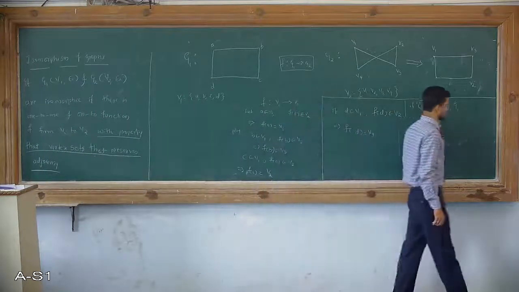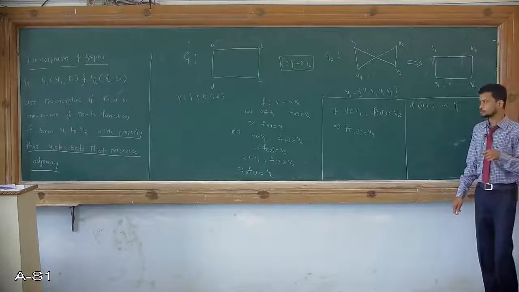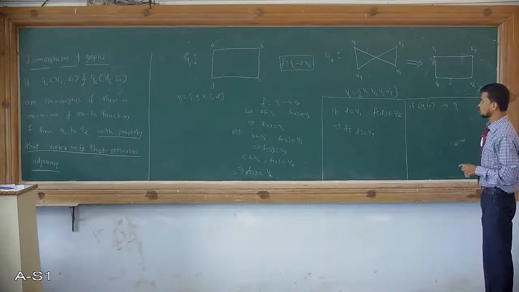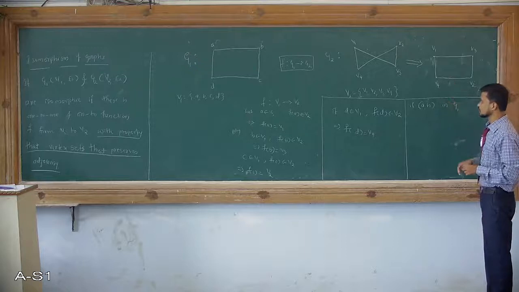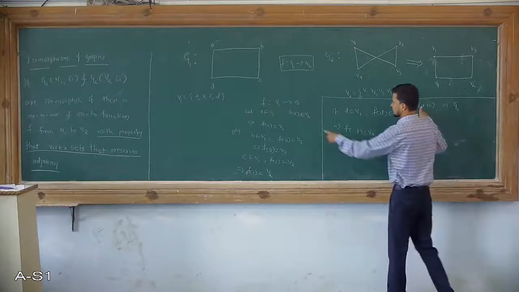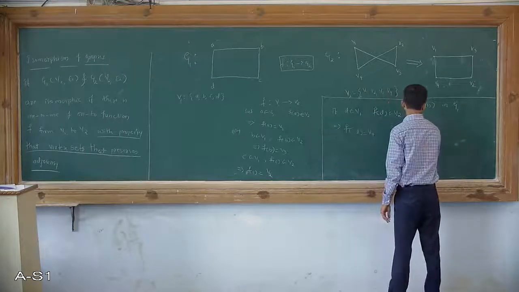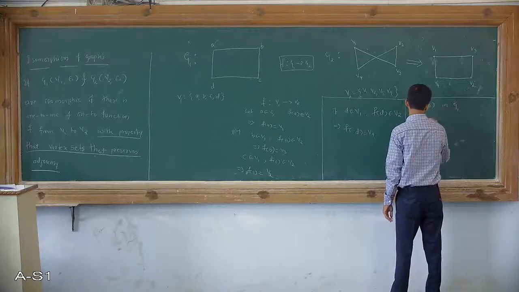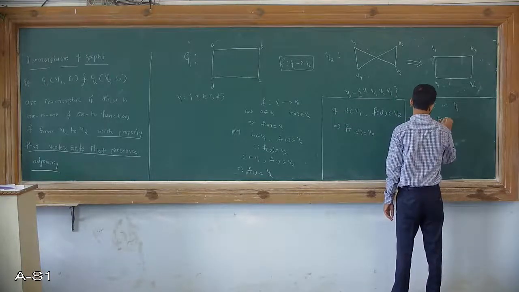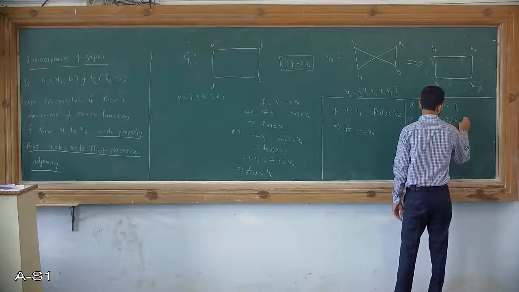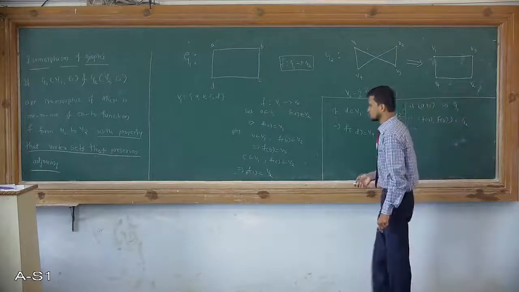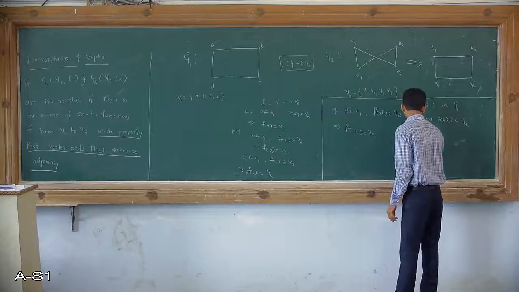If A comma B is an edge in G1, correspondingly what will be the ordered pair in graph G2? Here f of A is in V2, which implies f of A comma f of B in graph G2.